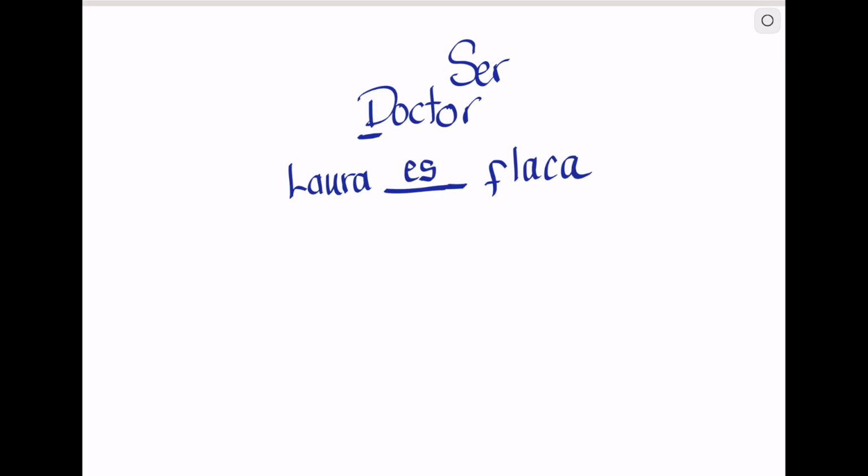Es, because it's one person. Laura es flaca. Flaca means skinny. It's a description. Occupation. Yo, maestra. So occupation, soy. Remember, we are using verb ser, just verb ser. So I don't have to decide between ser and estar because I know I'm doing the verb ser right now.